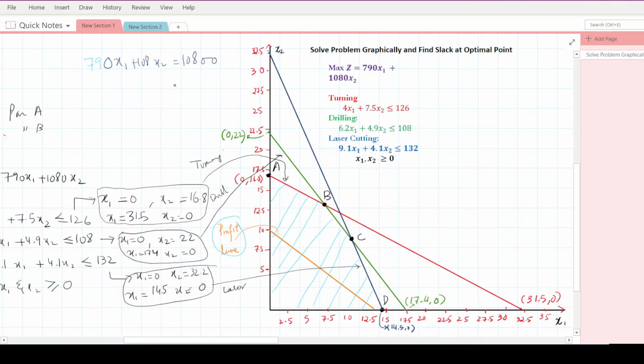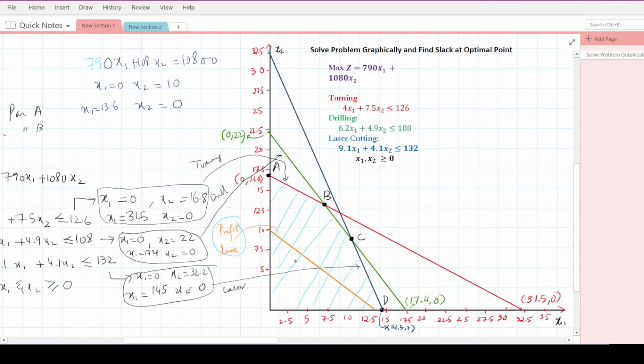When I put x1 equal to 0, I got x2 equal to 10. When x2 is equal to 0, x1 was 13.6. So using these two points I have plotted my objective function, or isoprofit line.